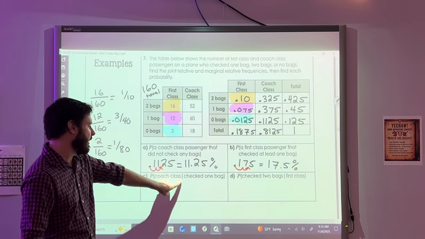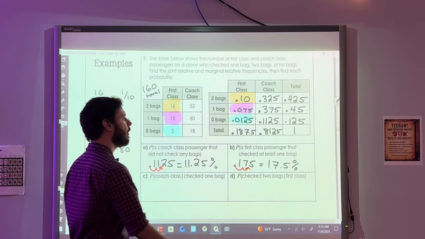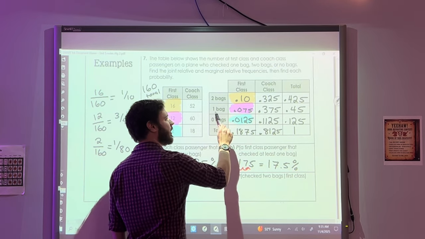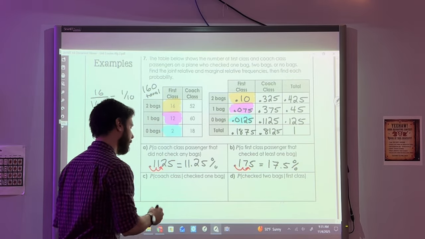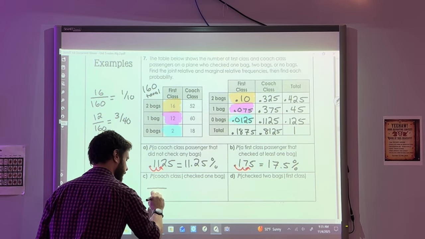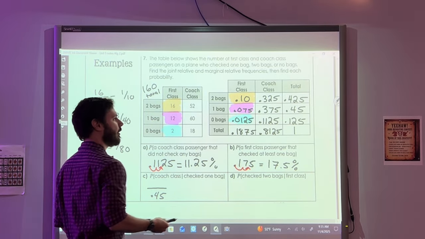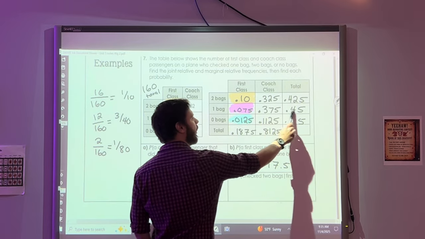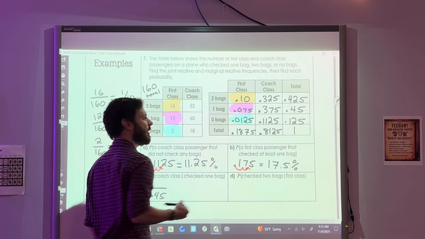Coach class, given that they checked 1 bag. How many people checked 1 bag? How many total people on the plane checked 1 bag? 0.45. Okay. Now, of these people who checked 1 bag, how many were in coach? 0.375.